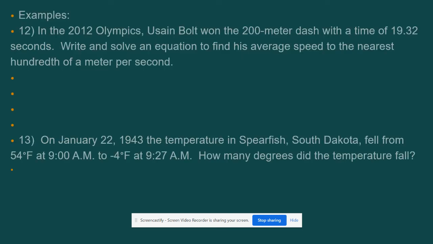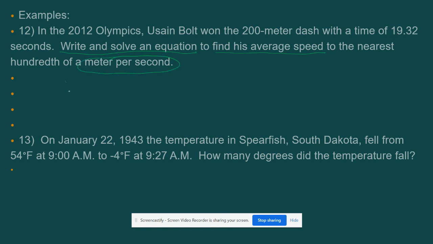And let's go on to our last two examples. So we're starting here with the Olympics. And I'm saying, write and solve an equation to find his average speed. That's my task, find his average speed. So I'm also seeing meters per second.